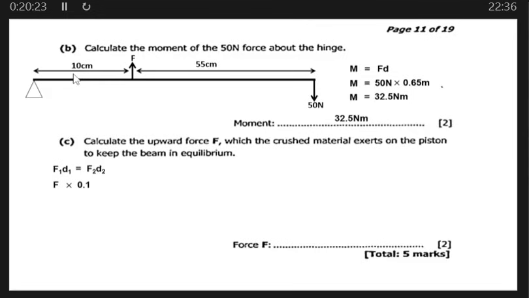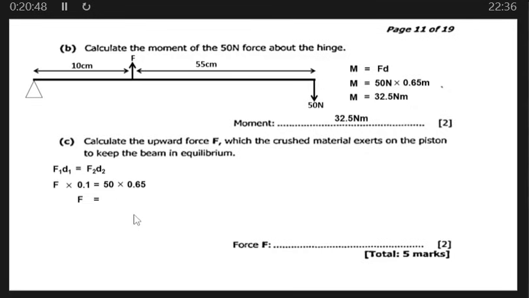Converted into meters, we divide 10 by 100, which will be 0.1, equal to, so this force is actually 50 times the distance, which is 65 divided by 100, which will be 0.65. So when we multiply here, we are going to make F the subject of the formula.